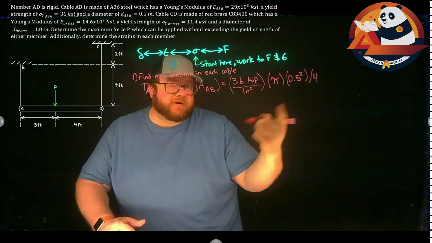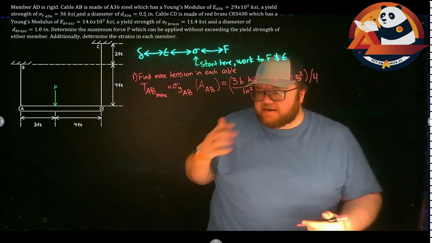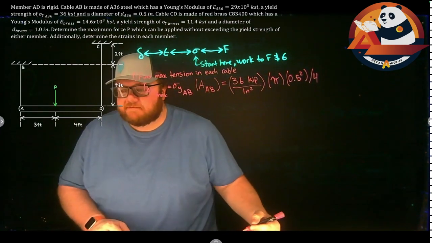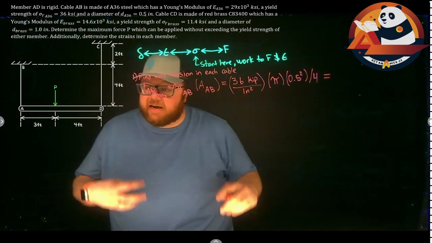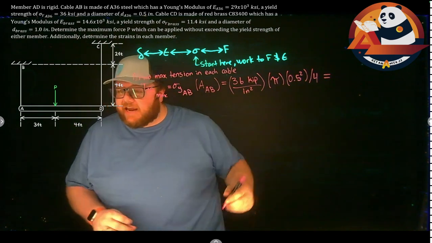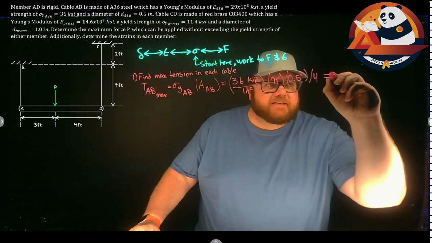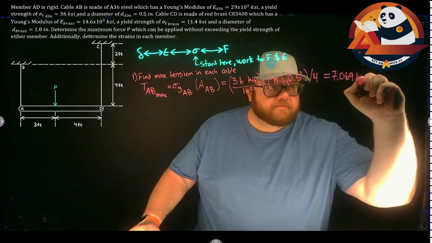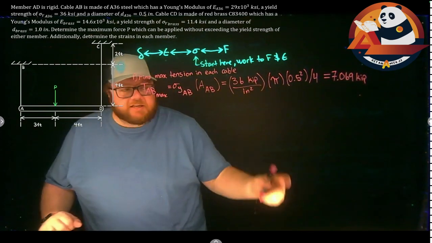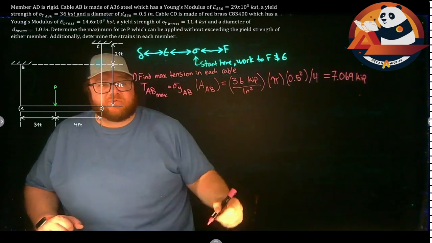Or pi times 0.25 squared. Pi r squared, pi d squared over 4, it gets us to the same point. That's going to get us to the maximum force I could get in AB before that cable starts to yield: 7.069 kips.